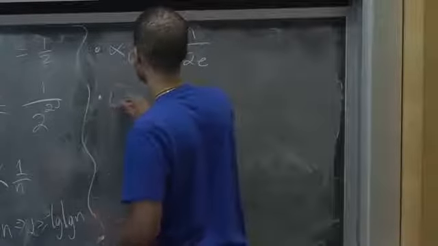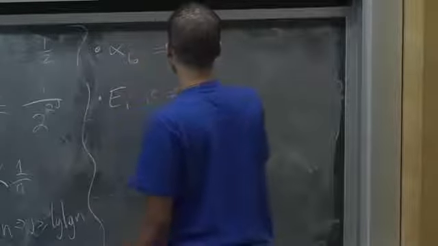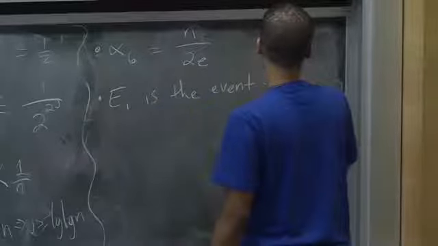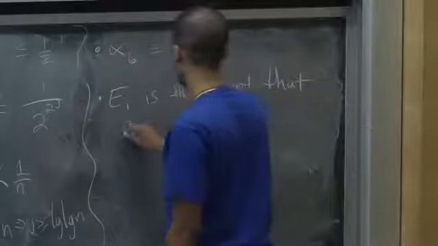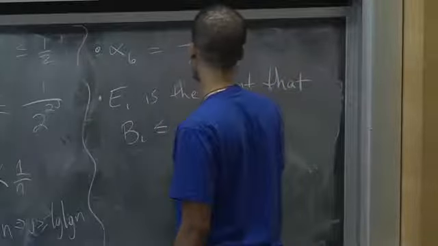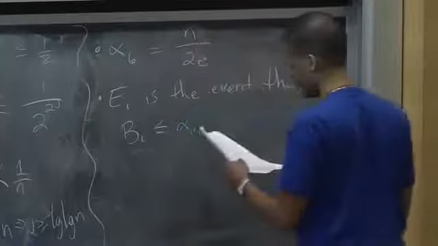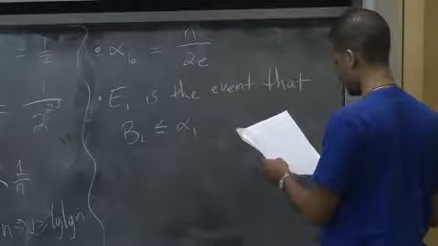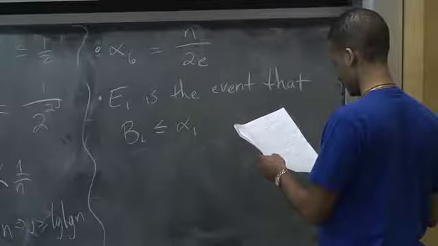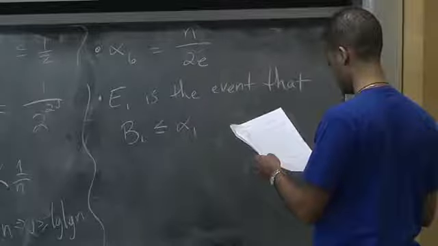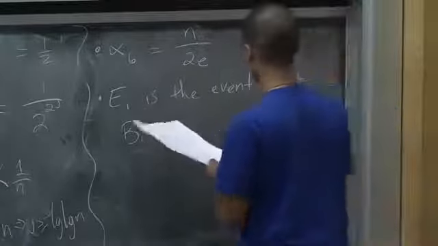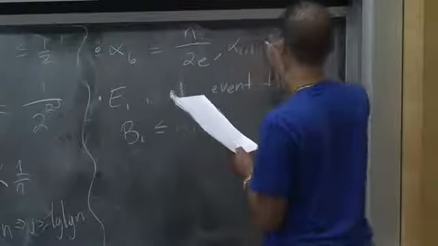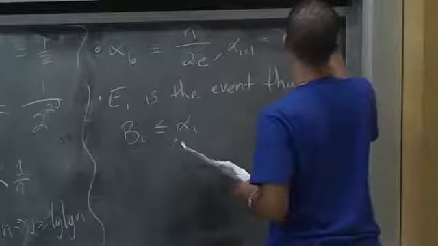And let's say that E_i is the event that b_i is at most alpha_i. And in general, for larger i's, how do I want to define this alpha? Alpha_(i+1) is equal to e alpha_i squared over n.